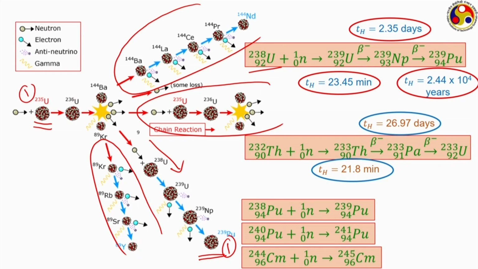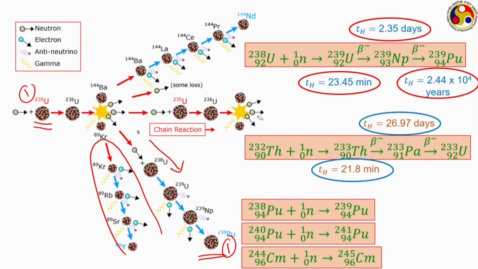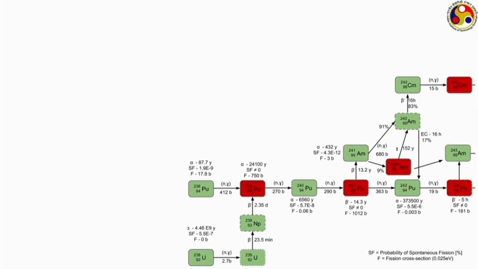Therefore, the total number of fissile isotopes inside the reactor is somewhat conserved, or the fission reaction can keep on happening, or rather the fission contribution is coming not solely from uranium 235, but from plutonium 239 also, once its concentration becomes sufficient.